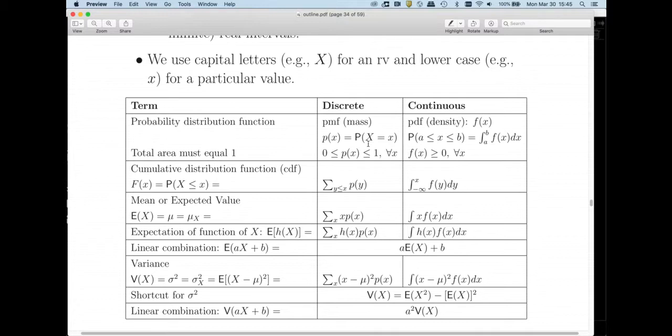In the case of a continuous random variable, remember we don't interpret the probability density function as probabilities. The way we get probabilities is the same way we got probabilities with a histogram, that is with area. So the probability that some PDF is between a and b is just the area under the curve between those values. All right, the next thing that we had was a cumulative distribution function.